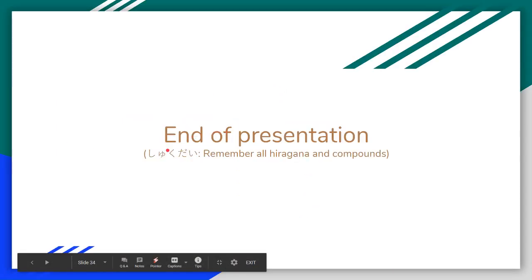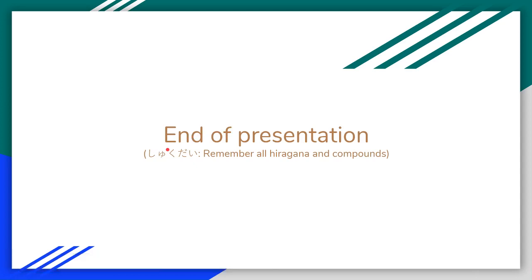Okay, that's it. That's the end of the presentation, the end of all 6 preliminary lessons. The shukudai is to remember all hiragana and compounds. That's really important because I will not be including hiragana anymore in any of my presentations. I've already started not including hiragana to help you digest it. You have to digest the hiragana. There's no other choice.